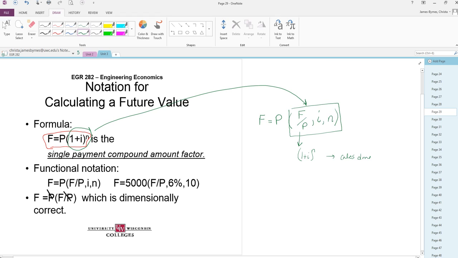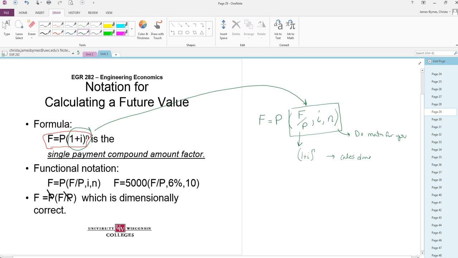All right, so we'll look at 1%, page 603. I go down to single payment, find a future given a present. It's the very second column from the left. I look at my number of periods, and that gives me the math. It does the math for me. So basically this functional notation is just going to do the math for you.